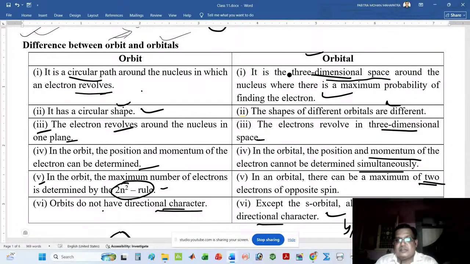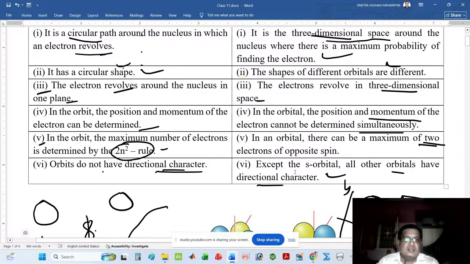An orbital is the three-dimensional space around the nucleus where the probability of finding the electron is maximum. Second point, an orbit is a circular shape, while different orbitals have different shapes of space. Electron revolves in one plane in an orbit, but an orbital is three-dimensional space.